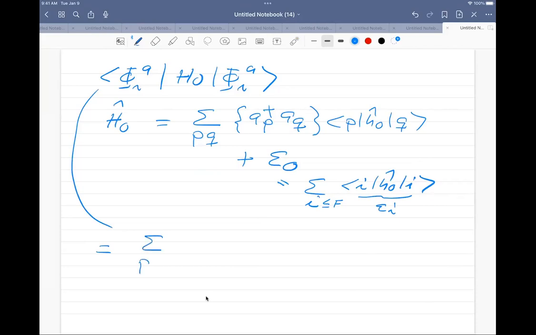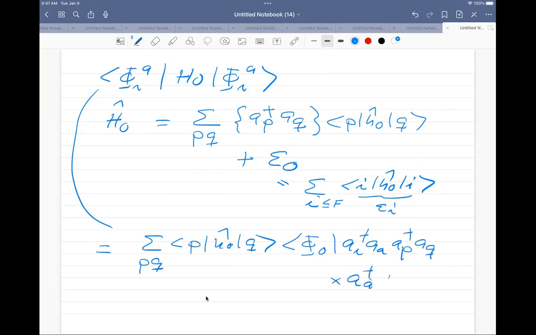We have a sum over P and Q. We have this matrix element, H0 of Q. And then we will be having the following type of contractions we need to deal with. So we have an A of I dagger, A of A, AP, AQ, multiplied with A of A dagger, A of I, and phi 0.